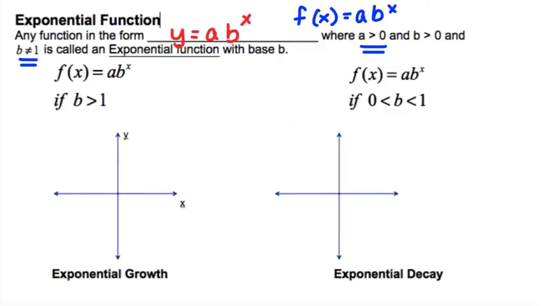All right, so let's look at the two different ways that we can look at this graph. When b is greater than 1, so it's a number greater than 1, we call that exponential growth. What happens to the graph is that it hits the y-axis and then it grows.